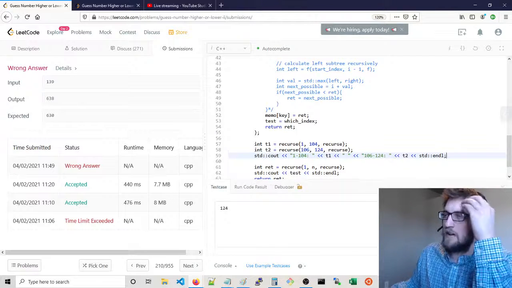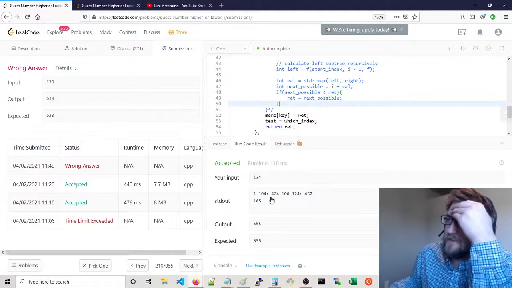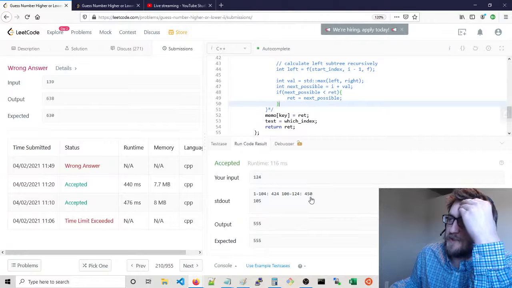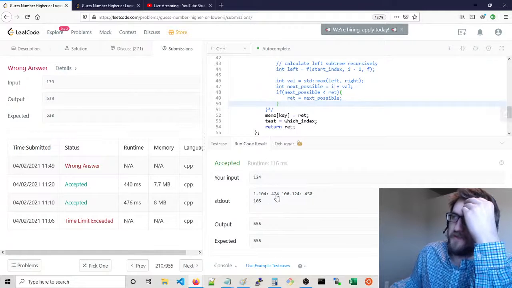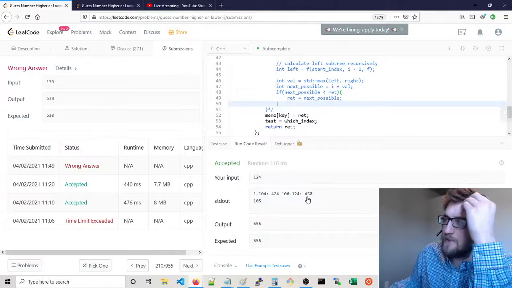Okay, let's see how that goes. 424 and 450. 105 gives you 529, and 450, 105 gives you 555.